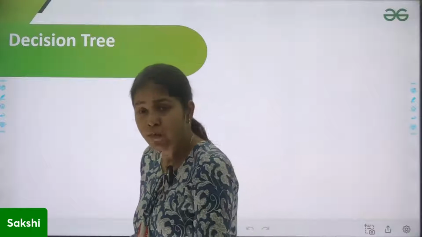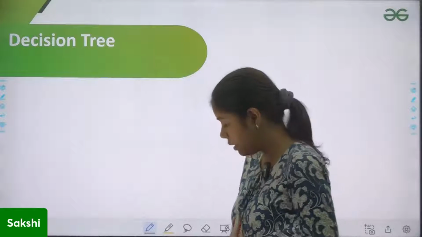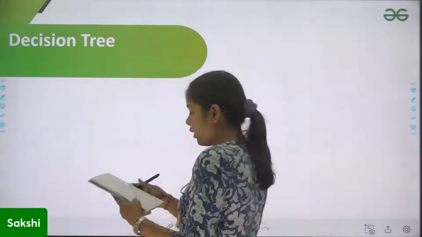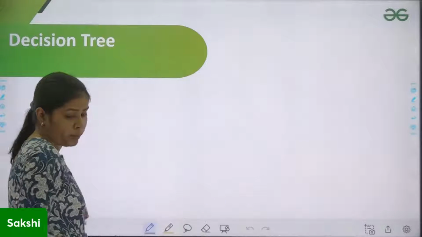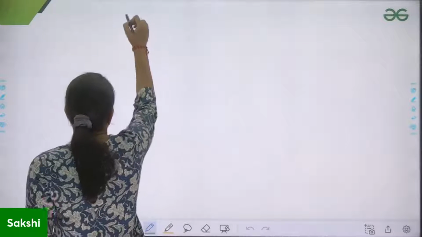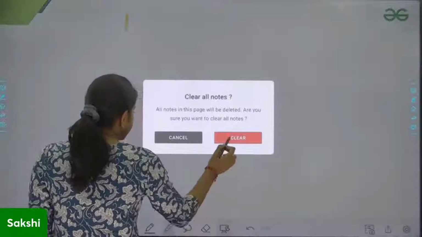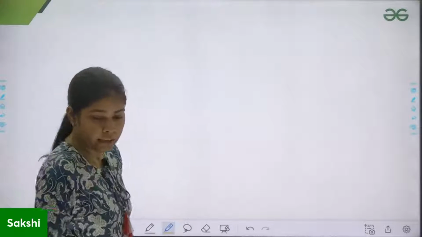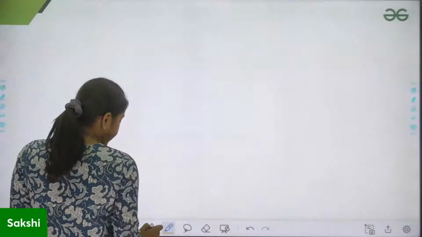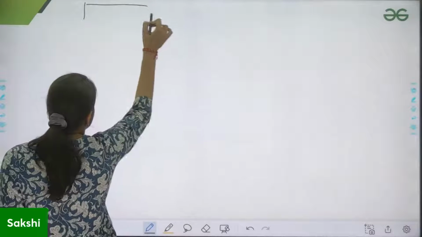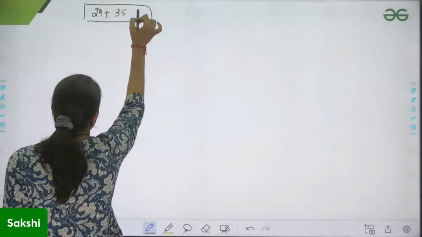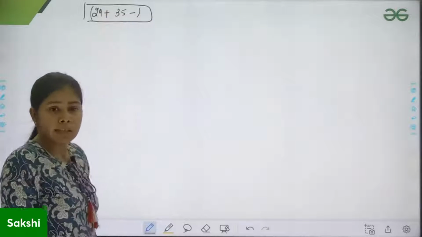Right, if you remember, we discussed one question. Let's suppose I have a data set with 29 and 35. At the start, I have 29 positive and 35 negative, which means in total 64.